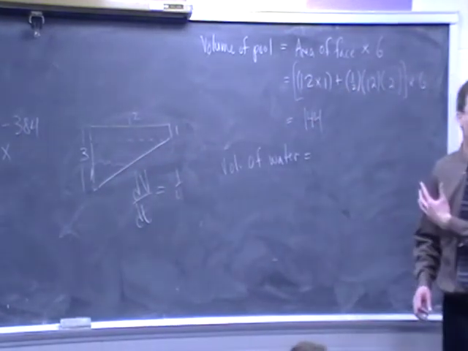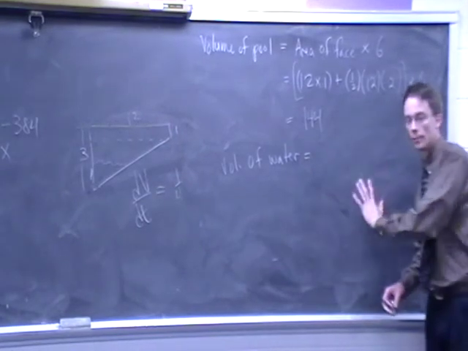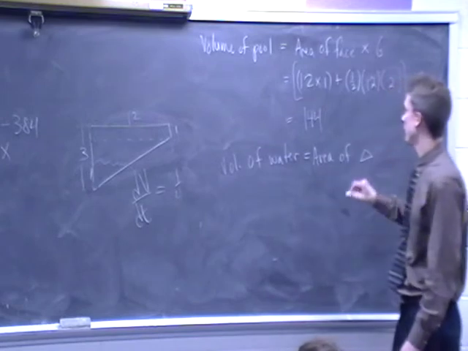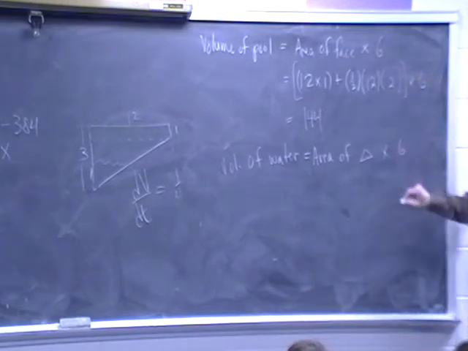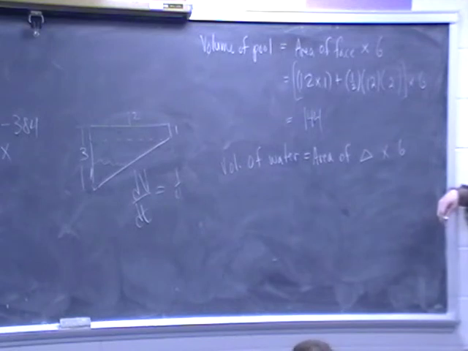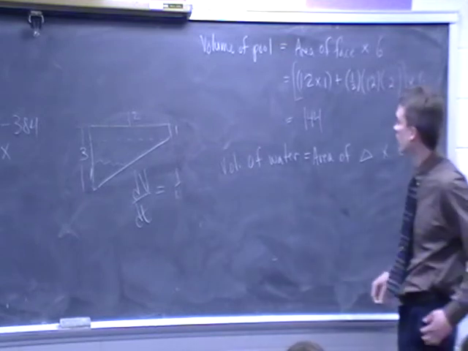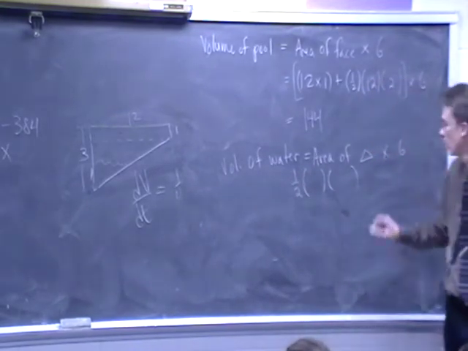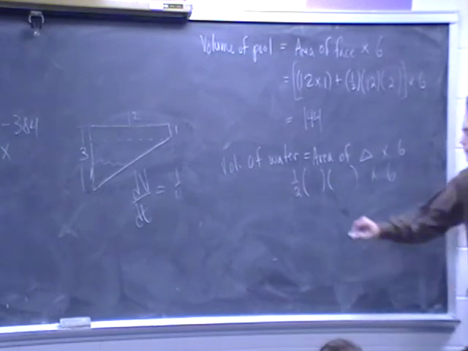Times 6 again, the dimension. So it's the area of the triangular face, and then times 6. This is where it gets a little bit trickier, maybe. Area of a triangle is 1/2 times base times height. And then multiply that by 6.